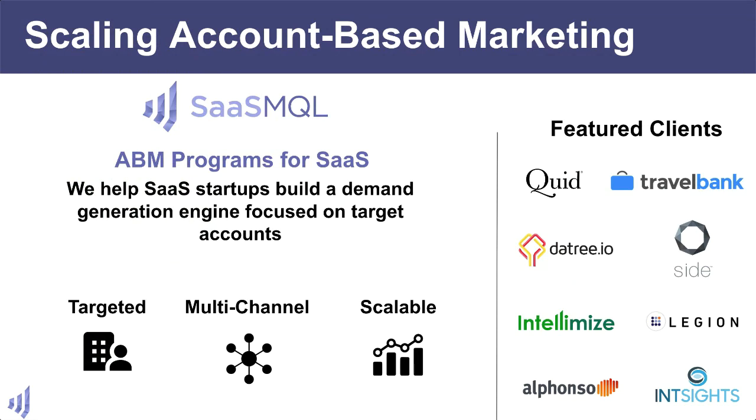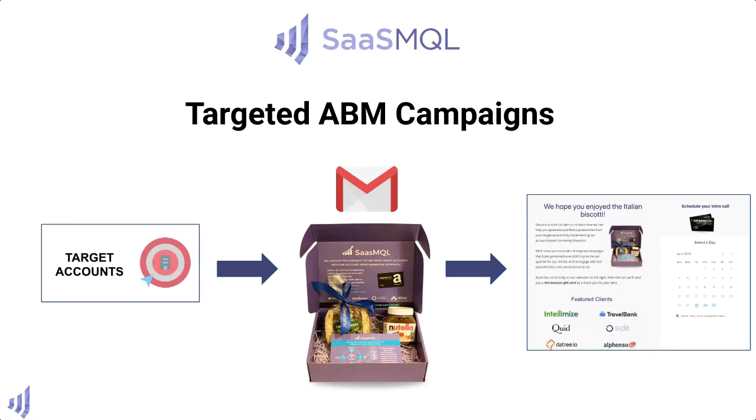We work with over 75 SaaS clients so far, all venture funded companies like IntelliMice, Legion, Side, Insights, Routable, Mosaic, and many others. These are very fast growing companies that we help plan, execute, and scale account-based marketing programs to generate opportunities from their top accounts. This is one example of how we take target accounts. We create these really custom targeted campaigns across different channels to drive opportunities and engagement.